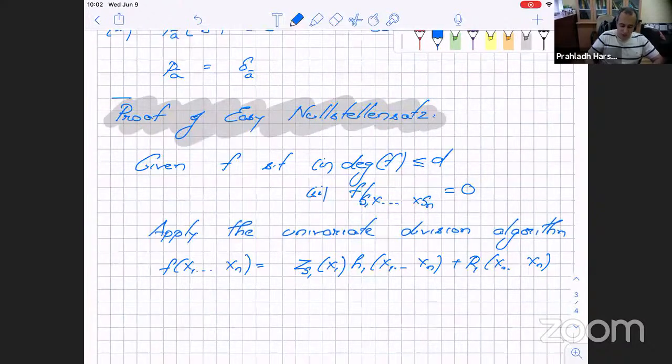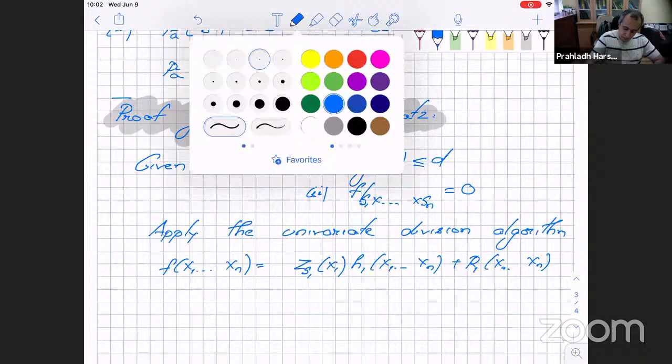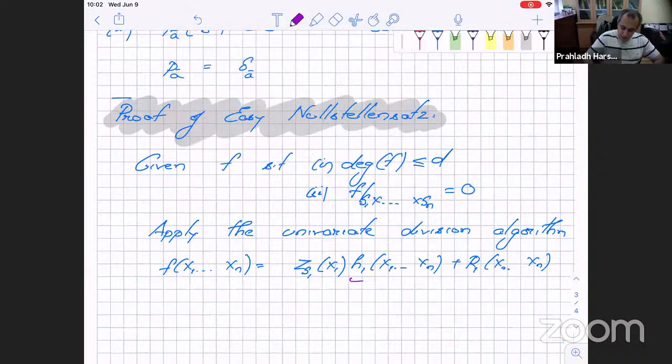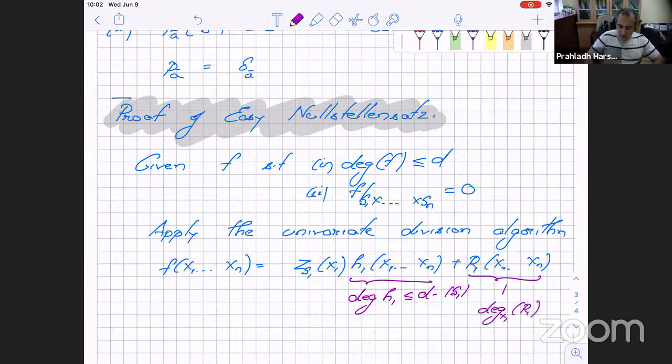At this point, I want to claim that the degree of h1 has become less than d minus size of s1. And the individual degree in x1 of r1 has gone strictly smaller than s1.